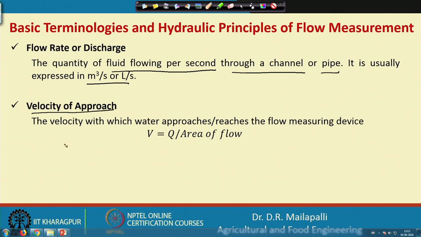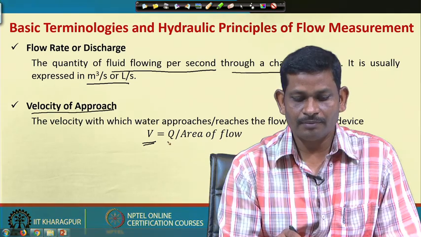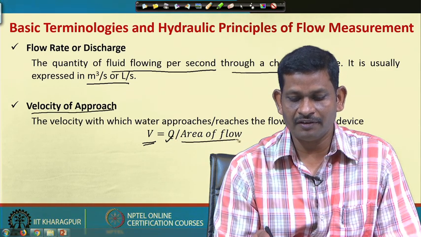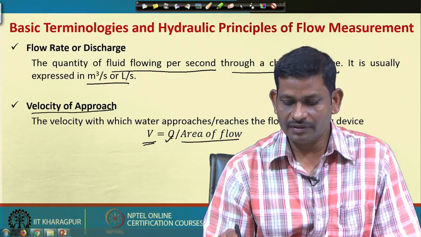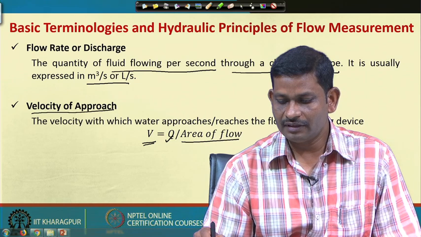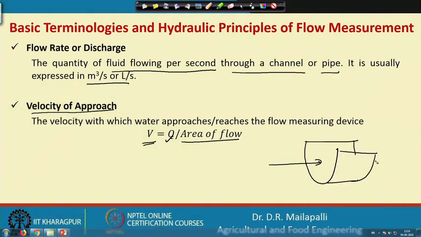And then the velocity of approach. It is the velocity with which the fluid is approaching the measurement device. Generally, velocity is denoted by q divided by the area of flow. Suppose you have this channel, and the fluid is flowing through this channel. Okay.